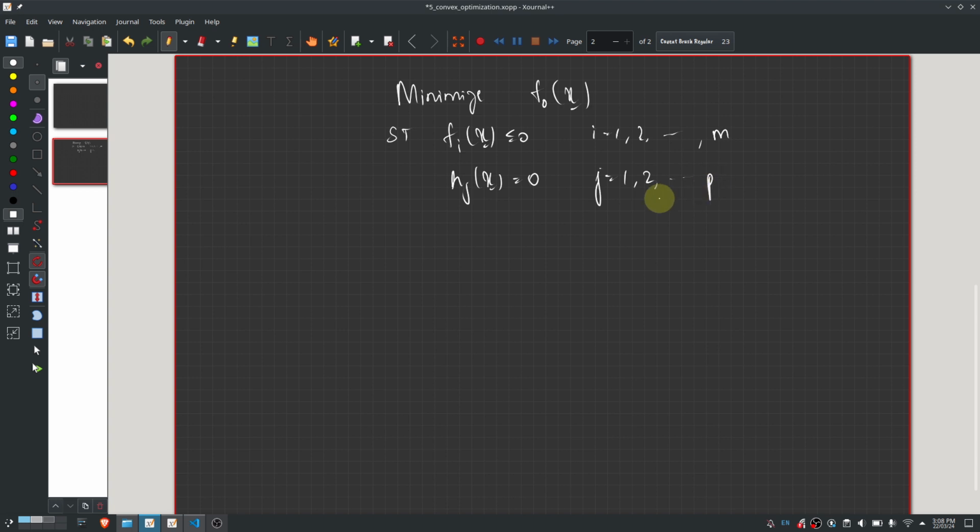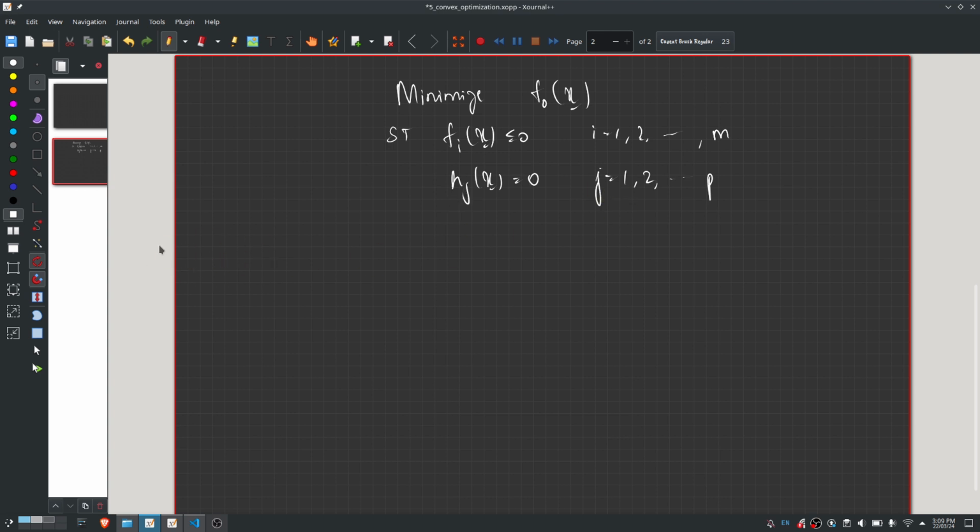I have p equality constraints. In order to solve this problem, we can use the KKT conditions if the problem is convex. The optimization problem is convex if all of these functions fi are convex and the hj functions are all affine. Then we call this a convex optimization problem, and for this KKT conditions turn out to be sufficient.